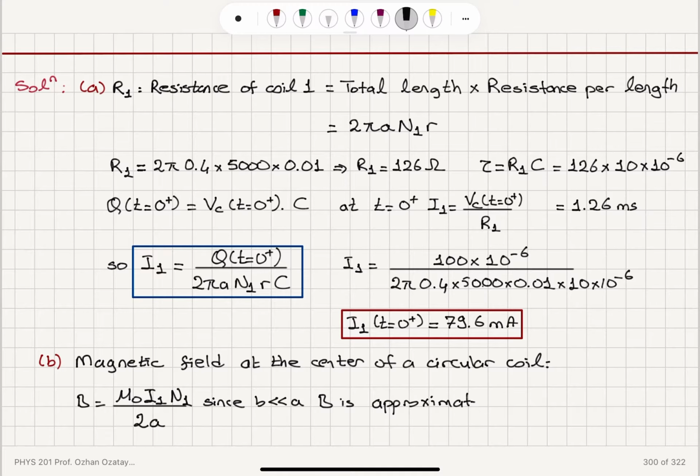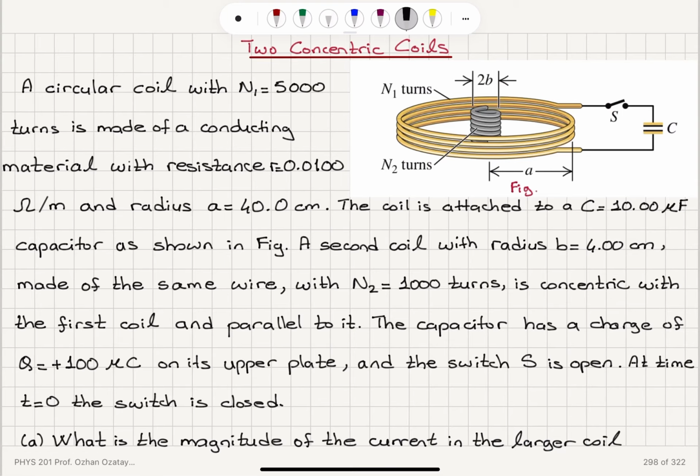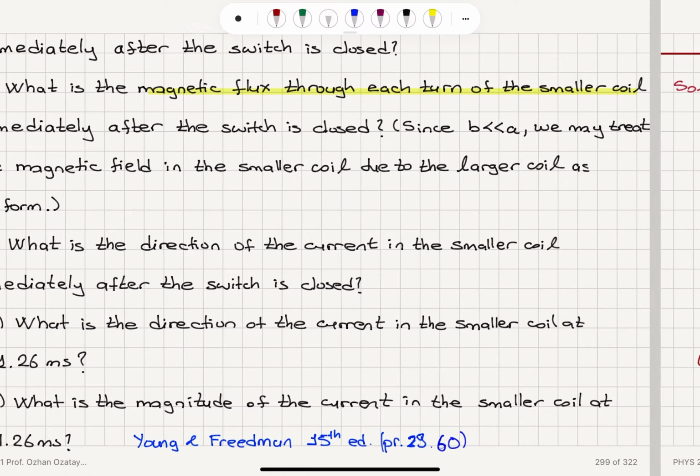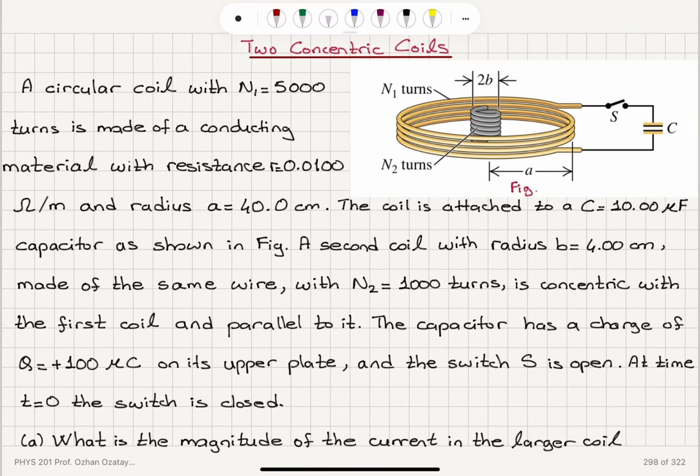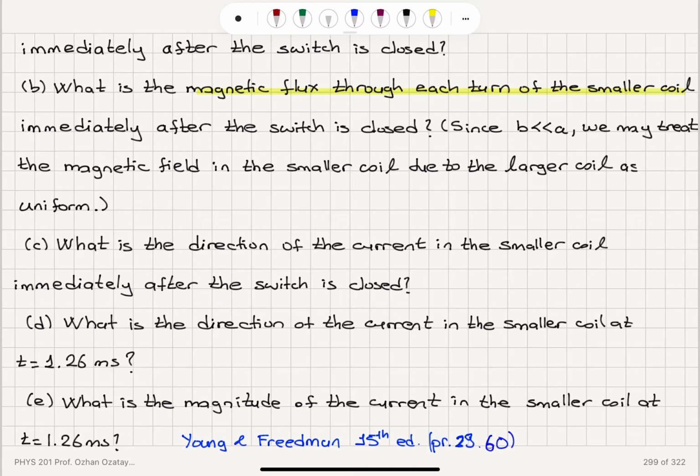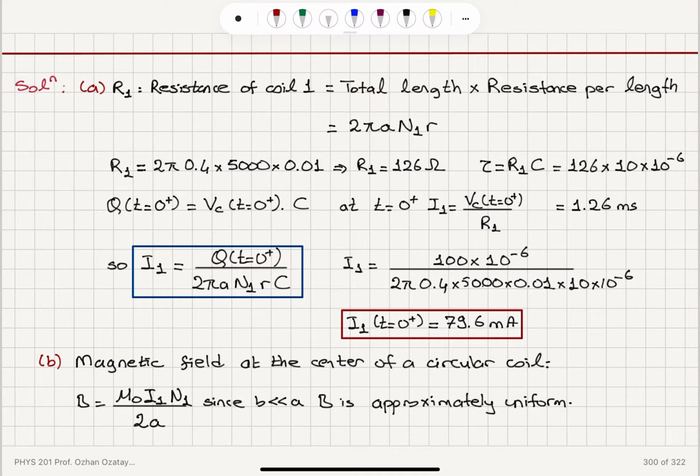So that's our assumption. Basically, we're treating this smaller coil as a point at the center, so we're calculating the magnetic field at the center. We neglect the variation in the magnetic field when I move a distance b from the center. So within a distance of b from the center, I'm assuming the magnetic field is approximately uniform.